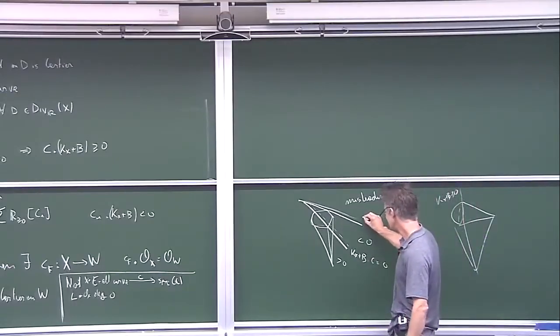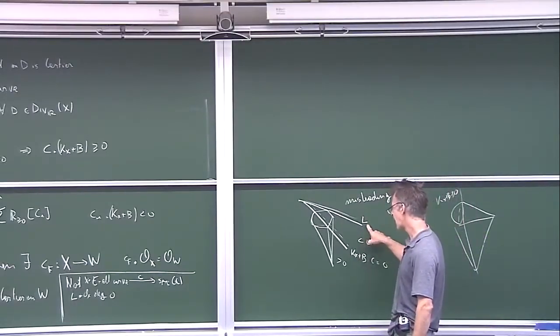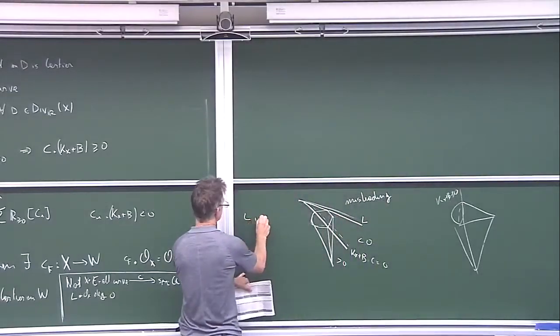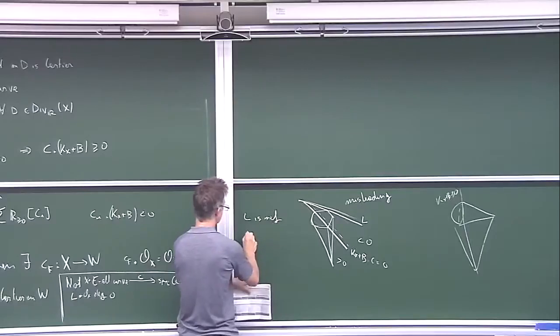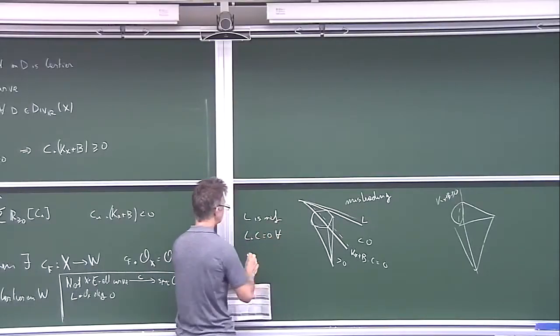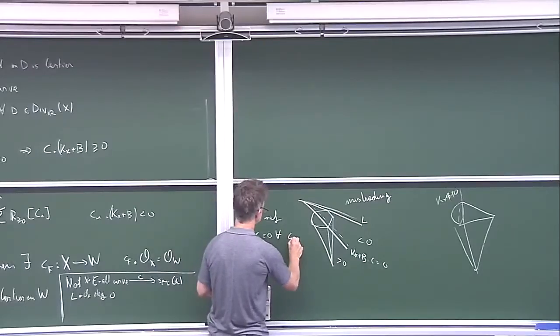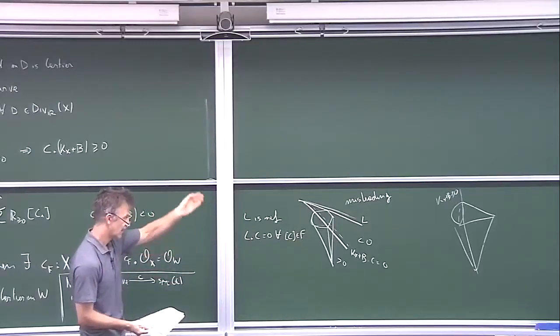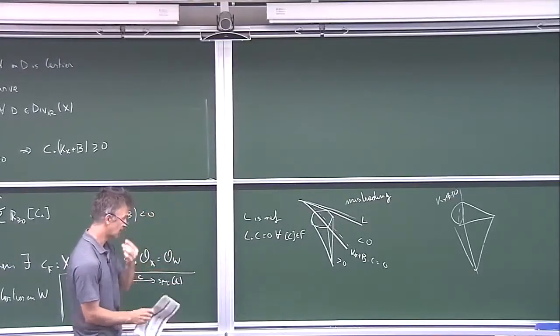So you look for a line bundle L with the property that L is nef and L dot C is equal to 0 for every curve C whose class is in F, right? So in this case, the negative extremal ray face is just one-dimensional. It's a ray.